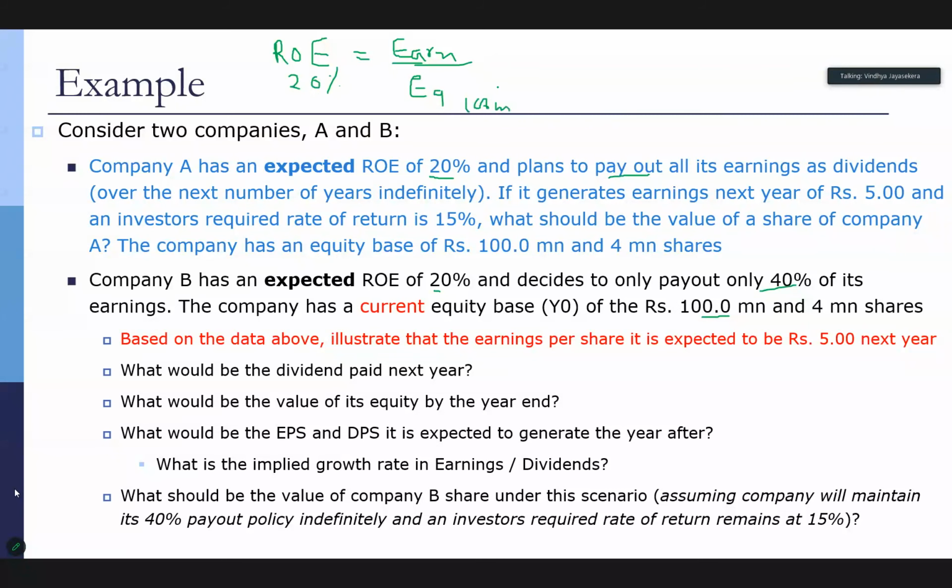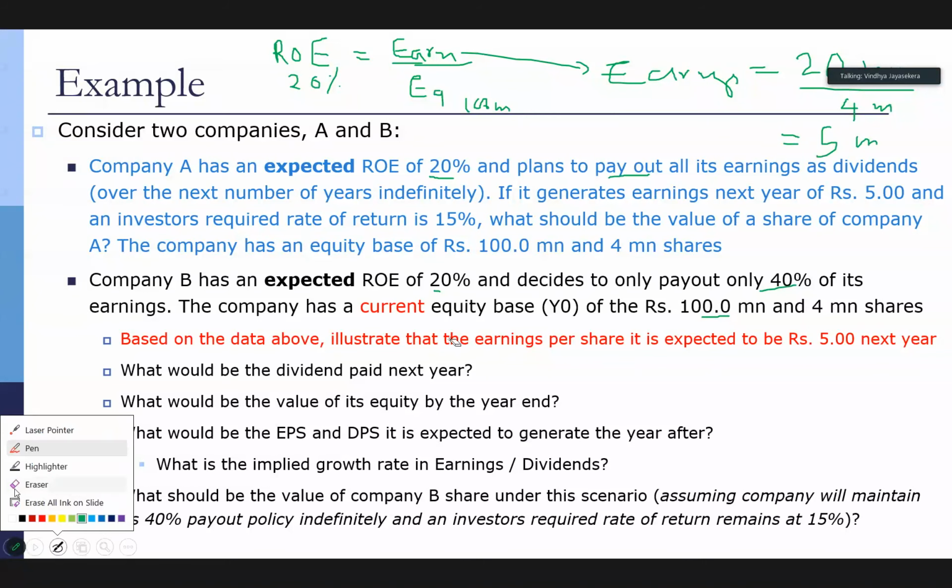Therefore, your earnings are 20 million. You have 4 million shares, so therefore earnings per share is 5 million. Not 5 million, sorry, 5 rupees. So your EPS is 5 rupees.